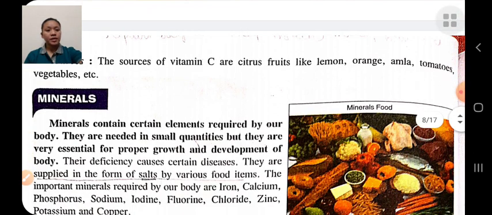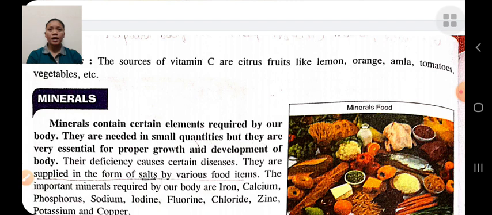Next is minerals. Minerals contain certain elements required by our body. Minerals are needed in small quantity.